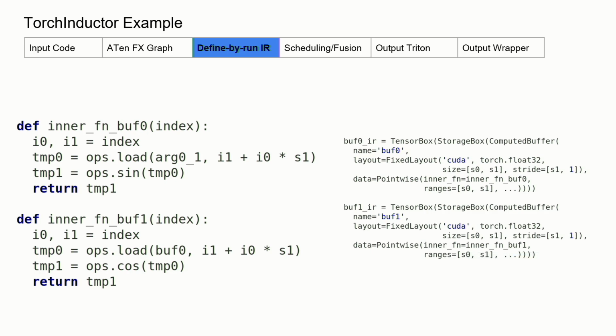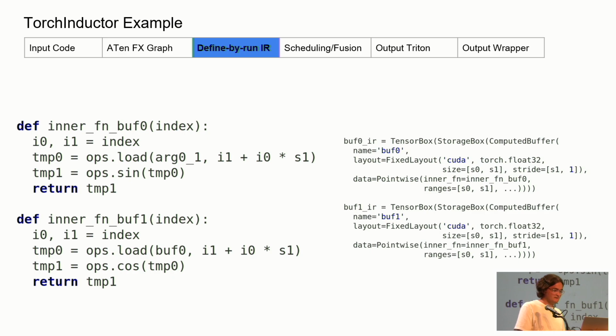So here is the IR. We have two buffers, inner buffer 0 and inner buffer 1, and the functions on the left correspond to how to compute a single element of the output given an index. So we're loading from the input according to the size and the strides of the tensor, performing sine, and then returning it.